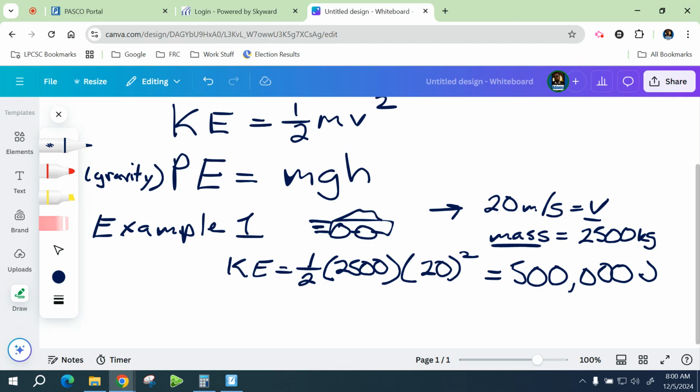So a lot of your homework is just plugging stuff into formulas. Okay? So let's do another example real quick, and I'm going to try to lightning round these examples.